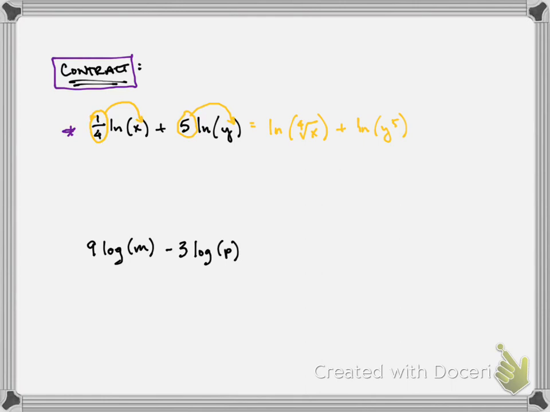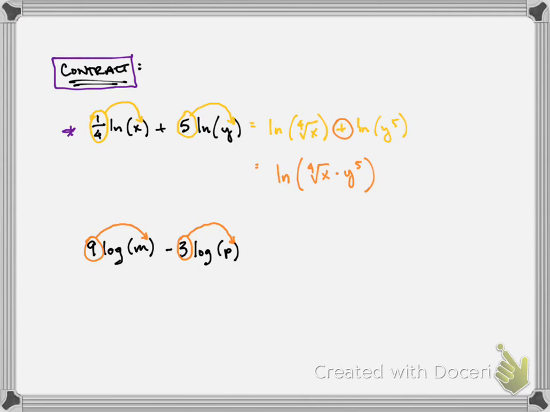Now because I am adding together two natural logs, I can take this one step further and rewrite as a single natural logarithm, in this case of the 4th root of x times y to the 5th. I've contracted. Next example. Again, this 9, you can think of this as an exponent. M is being raised to the 9th. This 3, think of that as an exponent.